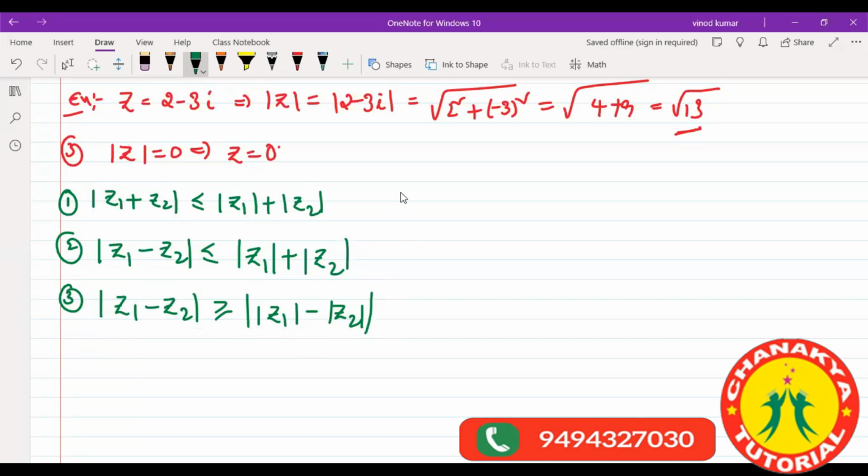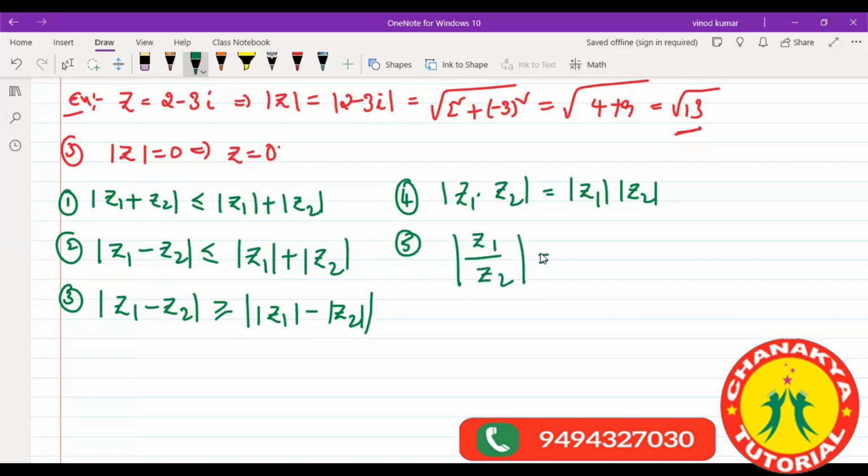Next, modulus of z1 into z2 is mod z1 into mod z2, and the division, mod of z1 by z2, is modulus of z1 by modulus of z2, where mod z2 is compulsorily not 0.